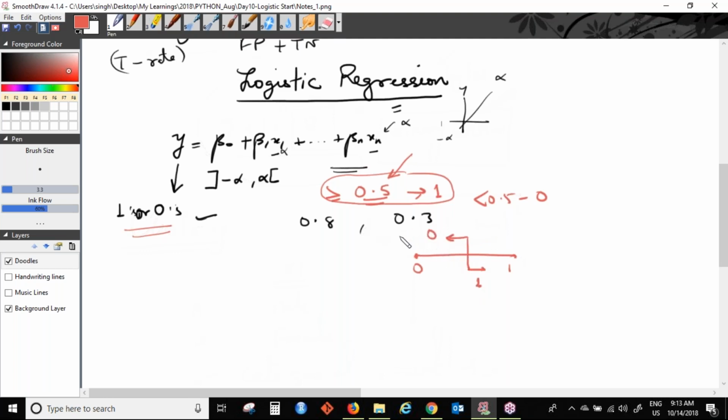That is not a problem, but we should not get something which is outside of 0 and 1. That would not make sense. So how can we convert the output y here to between ones and zeros? That is where we use a function called the logistic response function.